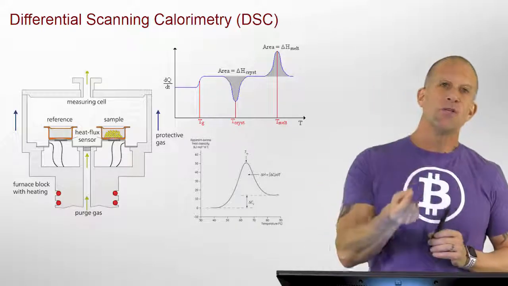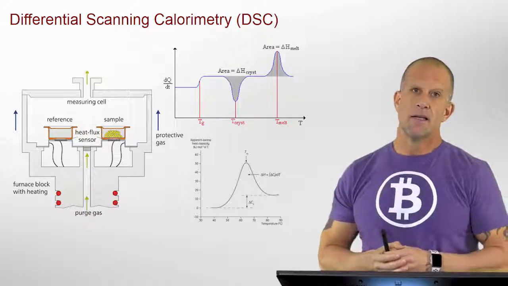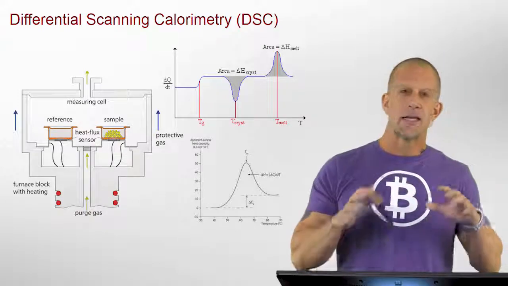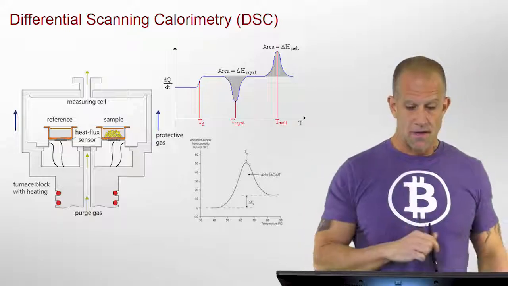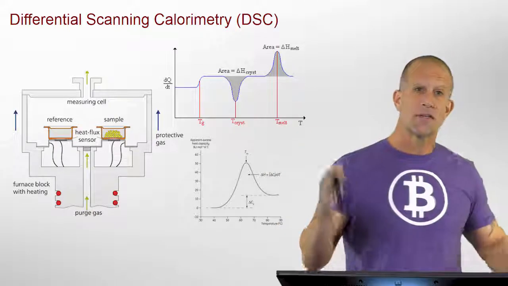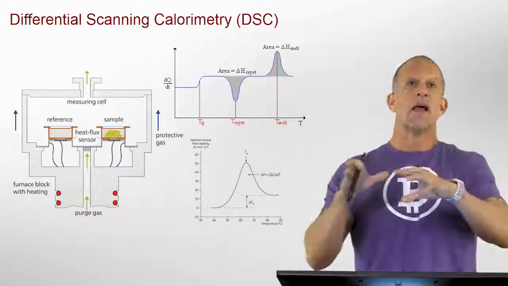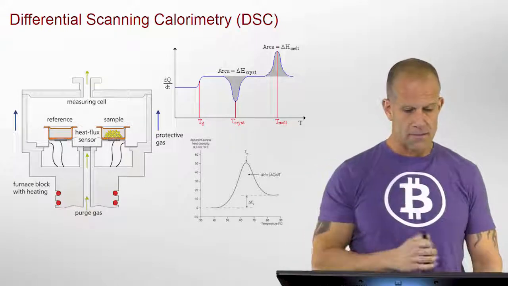Probably the most used thermodynamic calorimetry technique is differential scanning calorimetry. And again, typically we're doing this under constant pressure conditions. So as we change the temperature, what we're looking at is the heat, and that heat is related directly to the enthalpy because we're under constant pressure.